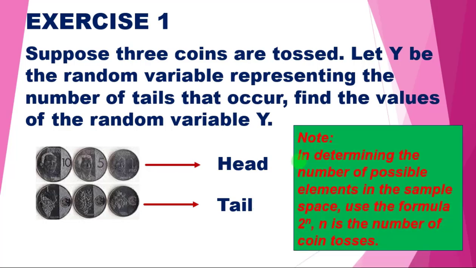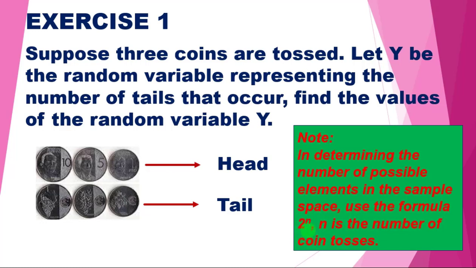Note, in determining the number of possible elements in the sample space of our random variable Y, we use the formula 2 raised to n. It's always a power of 2 because when we toss the coin, it's going to be either a head or a tail. And n is the number of coin tosses.